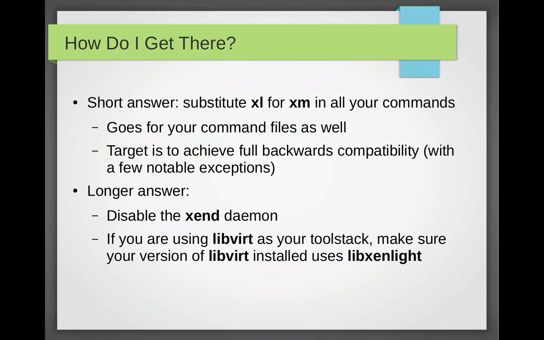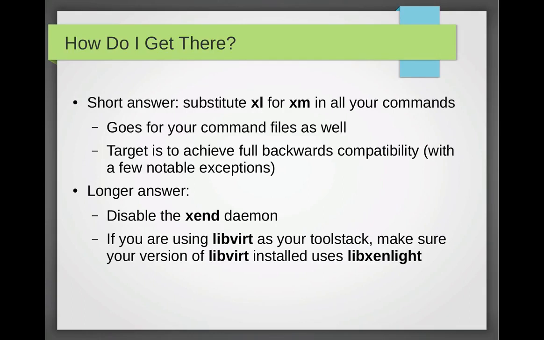If the Xen daemon is working, you can only use XM. XL will refuse to work. If the Xen daemon is not working, you can only use XL. You cannot use XM and XL simultaneously by design, because the theory behind them is different, and there's no way to get them both to work simultaneously without total nonsense going on. So it's one or the other.